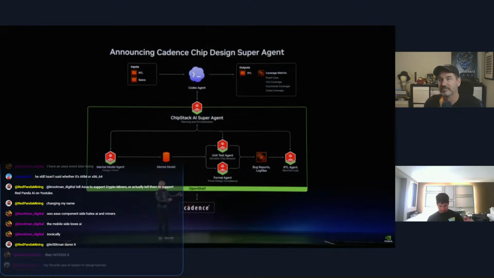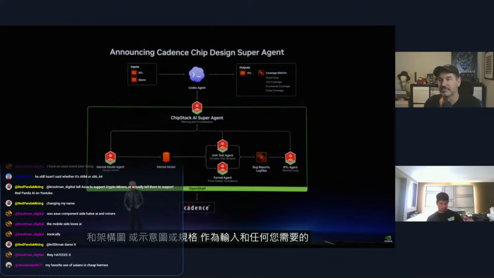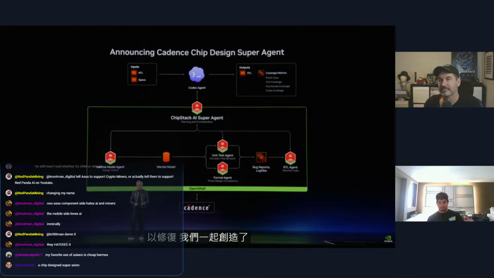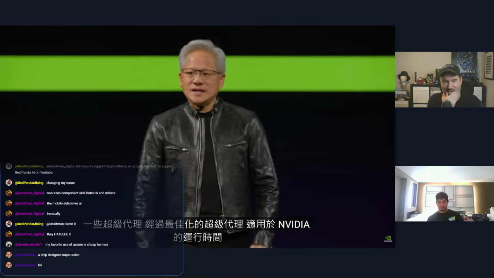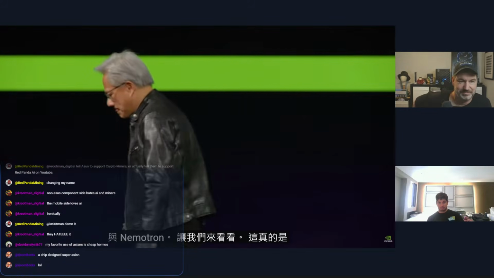It has RTL and architecture diagrams or schematics or specifications as input and whatever you need to fix. And together we created some super agents that are optimized for the NVIDIA runtime with Nemotron. And let's take a look. It's really incredible.